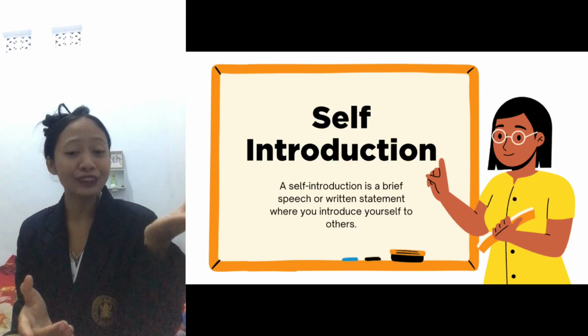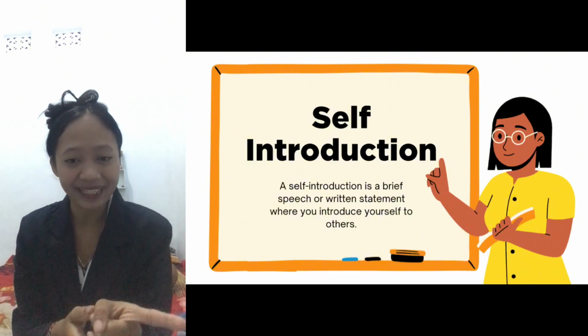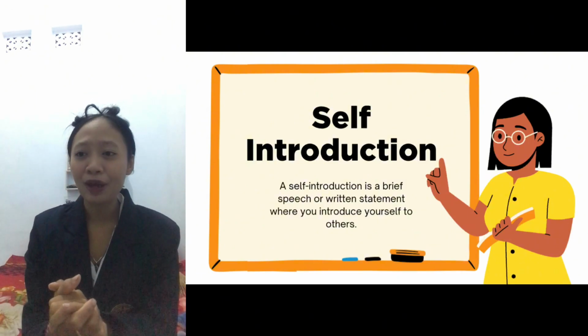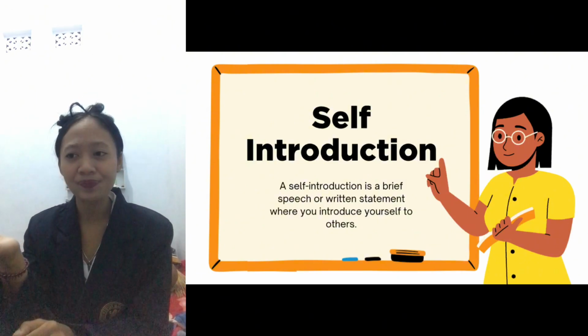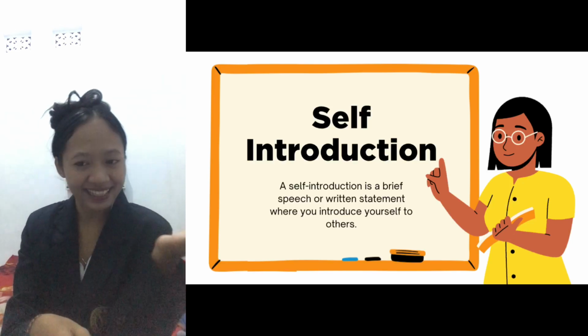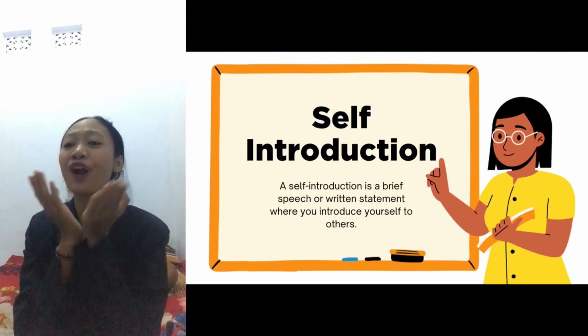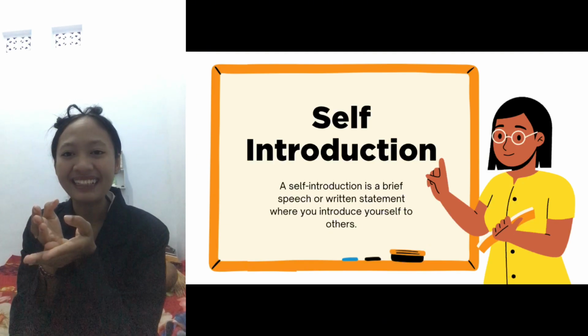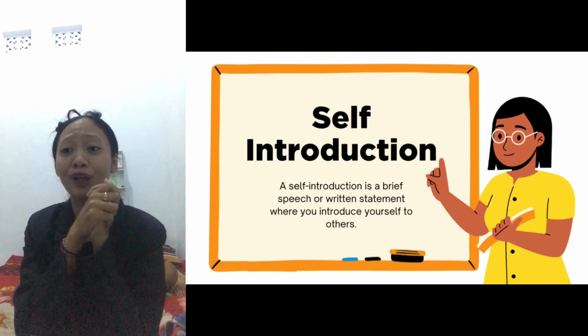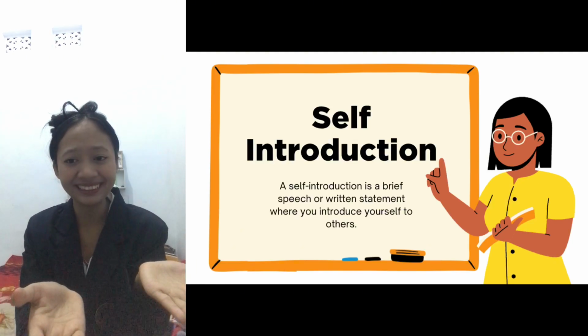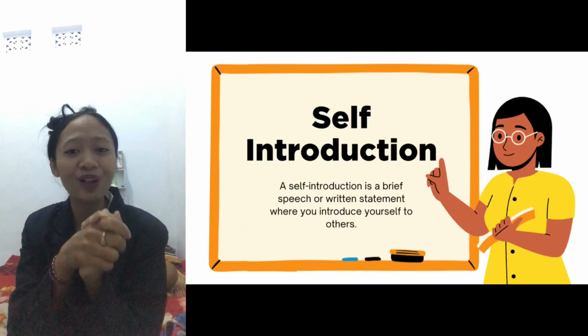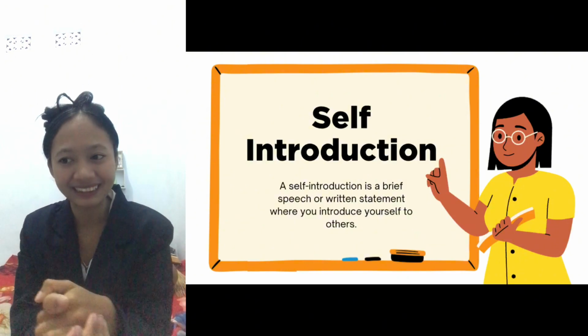Yes, of course, we'll start with a name. Then where we're from, our age, anything else? Of course, our hobby, and you can say what you like, your favorite colors. Yes, those are all correct answers.